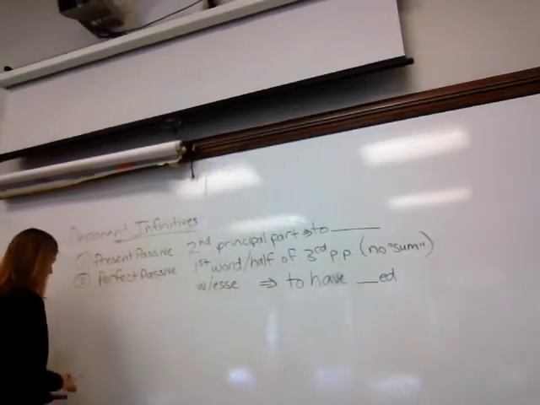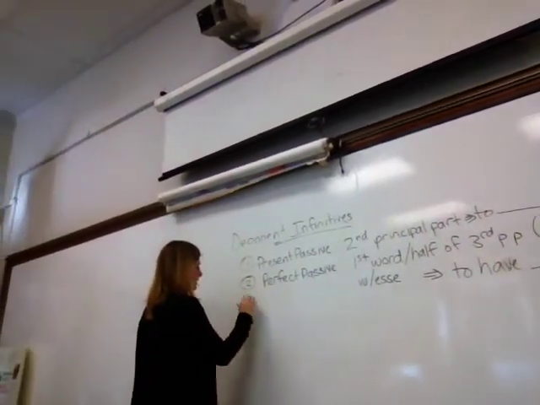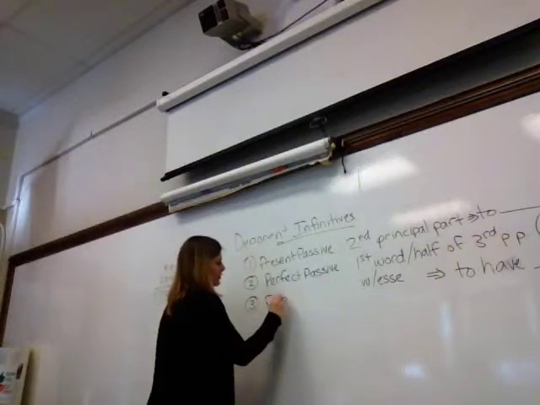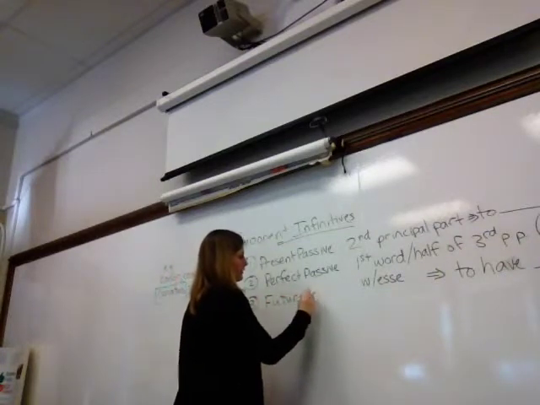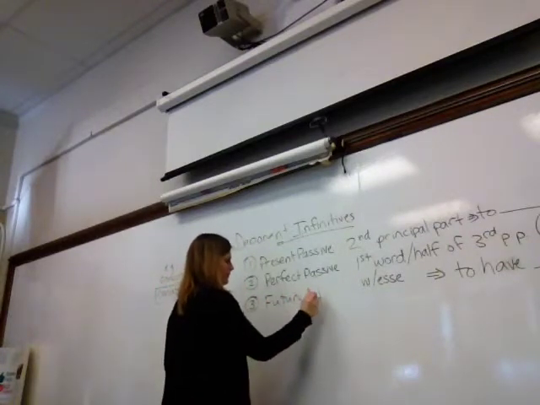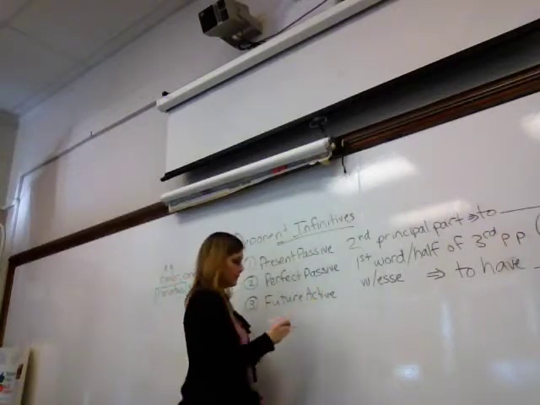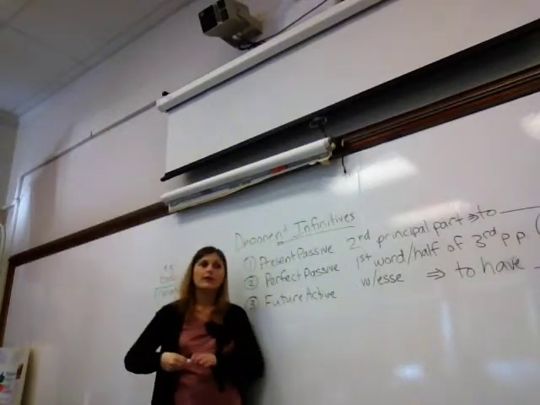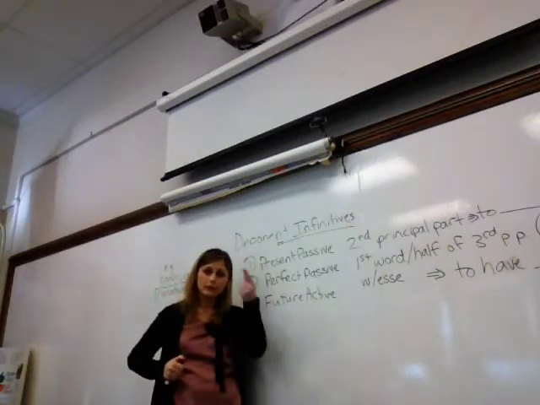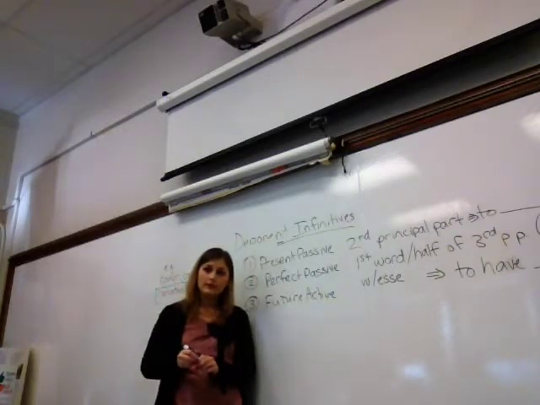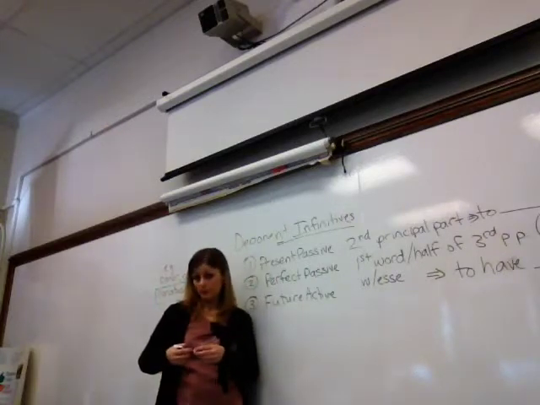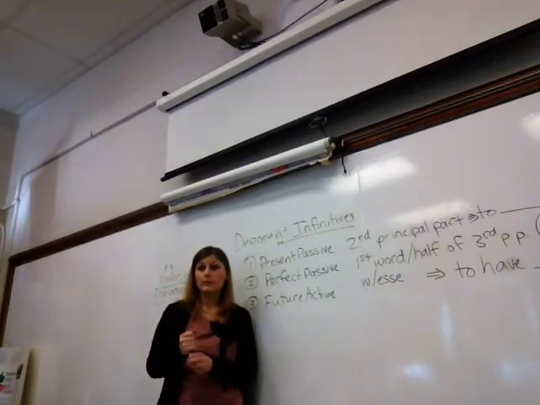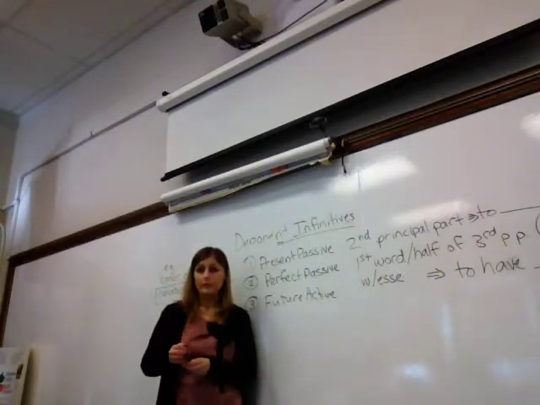Okay. And our third tense of infinitive are future active infinitives. How do you create, or do you remember how to create, a future active infinitive from regular verbs? Right.